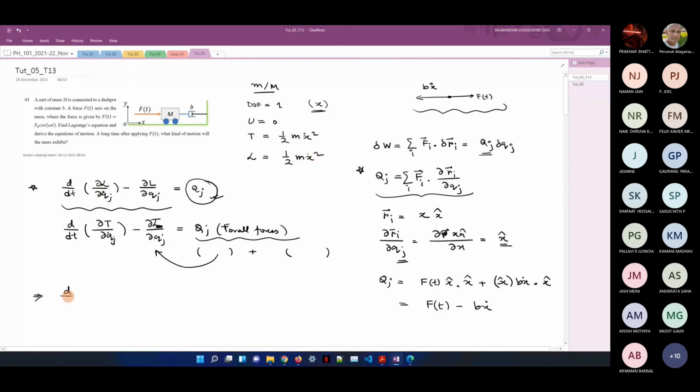So d/dt of m x dot minus dL by dq. No x term is there, so this part will be 0 simply, equal to Q j. Q j is nothing but our F(t). F(t) we know that in the question it is given as this. Then that's it. Are you guys with me?